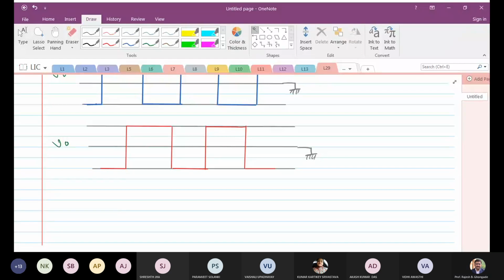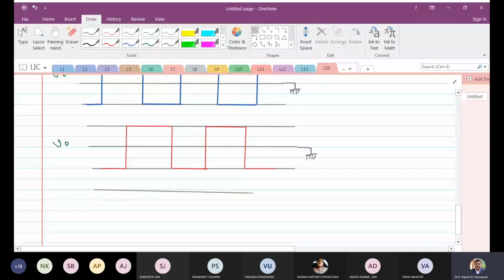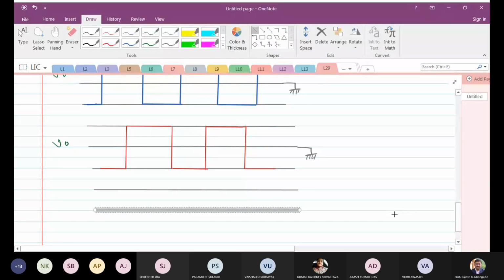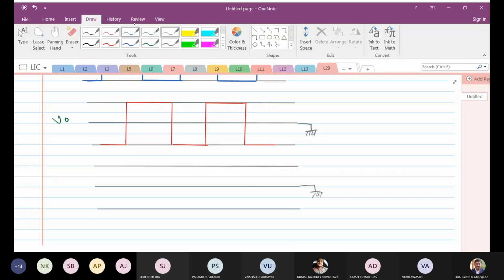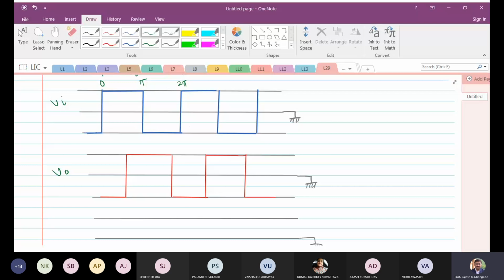So again, you see the output that we are going to get is something like this. So let me draw some vertical lines.